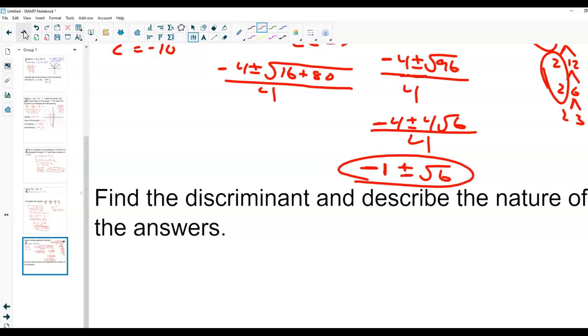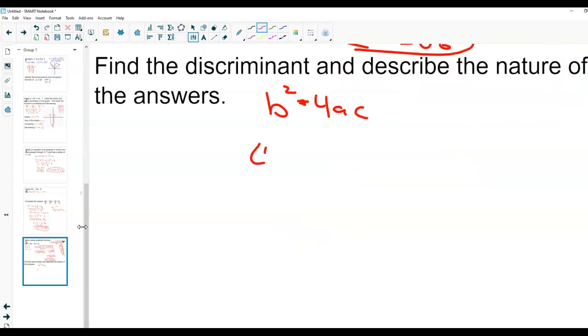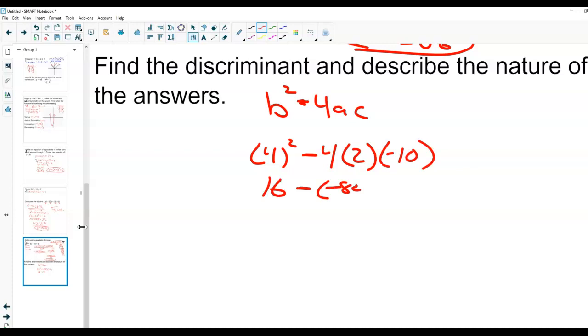When they want the discriminant, that is literally the portion directly under the radical. That's your discriminant. My b squared is 4 squared minus 4 times 2 times a negative 10. 16 minus a negative 80 is 96.